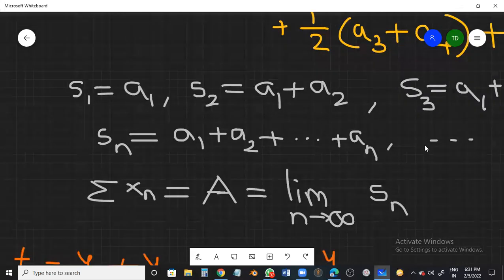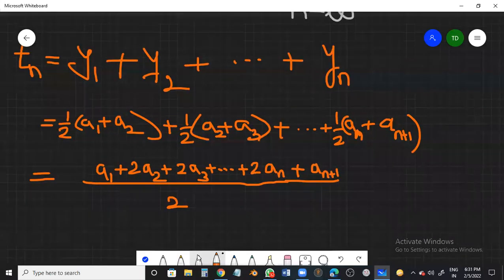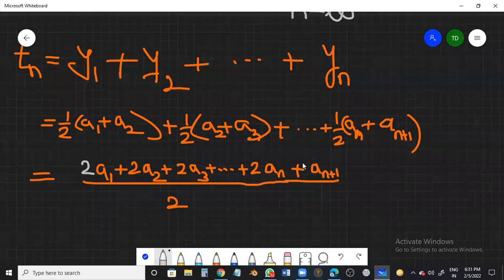So what I'll do is double this. I say twice a1, and here also let me double it. Then I have to return it, so minus a1 plus an plus 1. This I have written.